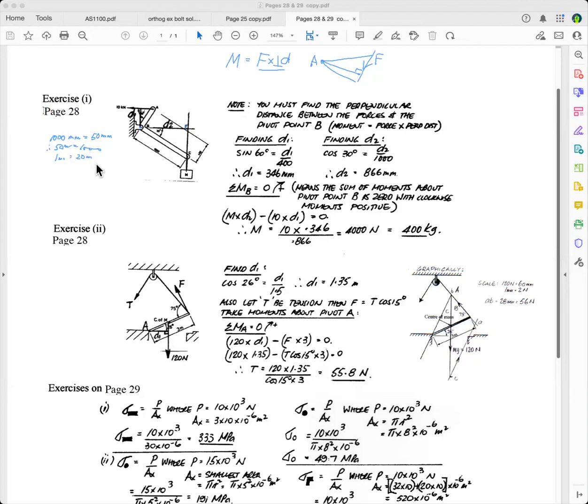So if you measure that distance there, and just say you can't work that out using trig, say you've measured that to be 20, you multiply 20 by 20, and so that will be equivalent to 400 millimeters.